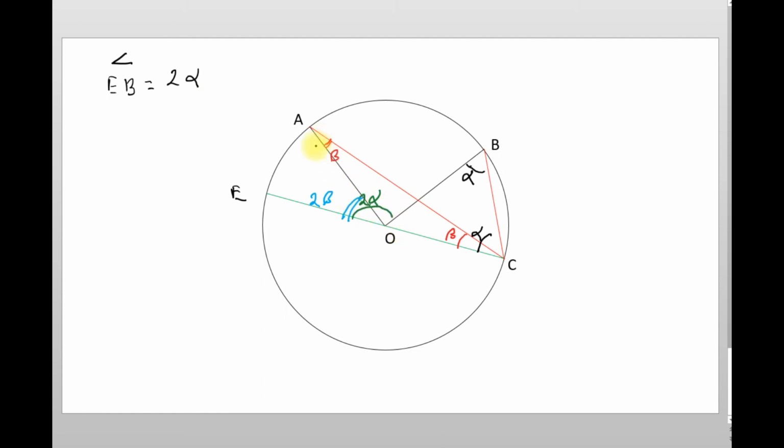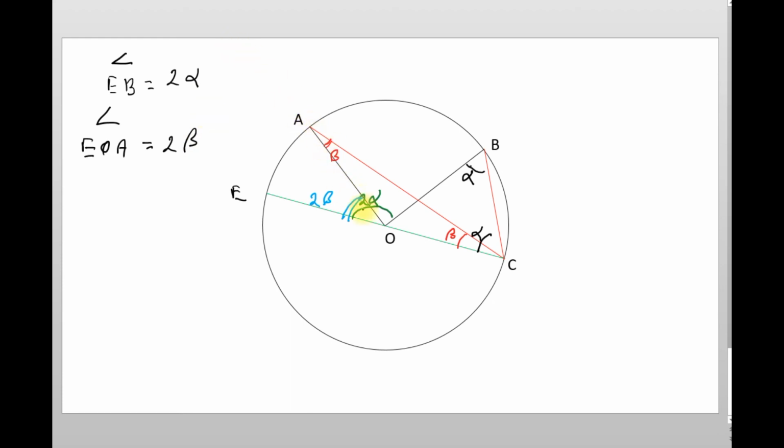In triangle OAC, the angle EOA becomes an exterior angle, and it's equal to the sum of the other two, which are the two red angles here. So we can write the angle EOA will be equal to 2 beta.